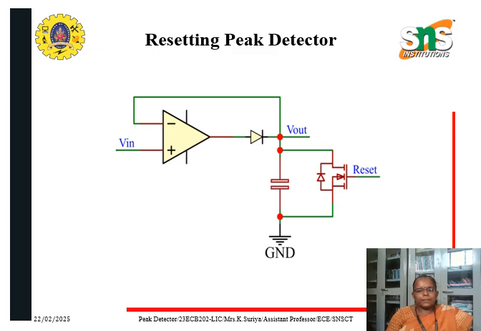So we can reset the peak detector by providing a reset signal to the MOSFET which is connected across the capacitor. It will turn on the MOSFET and discharge the capacitor. If we want to manually reset the detector without a signal, we can simply replace the MOSFET with a switch.